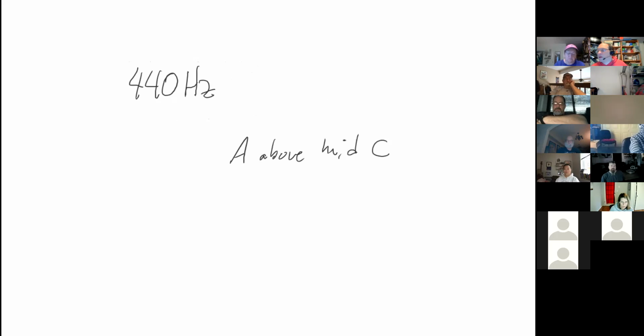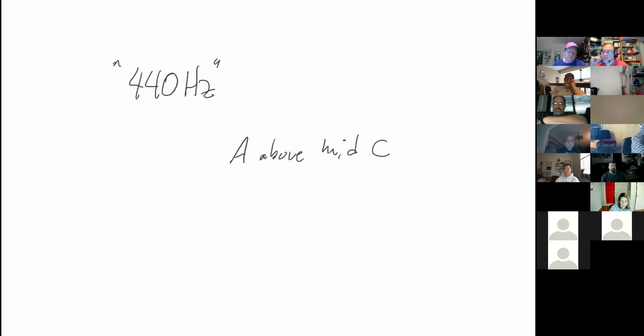Other applications: are there any musicians? Does anybody know what 440 hertz is? It's A above middle C. How do you generate a frequency of 440 hertz to tune your instrument?